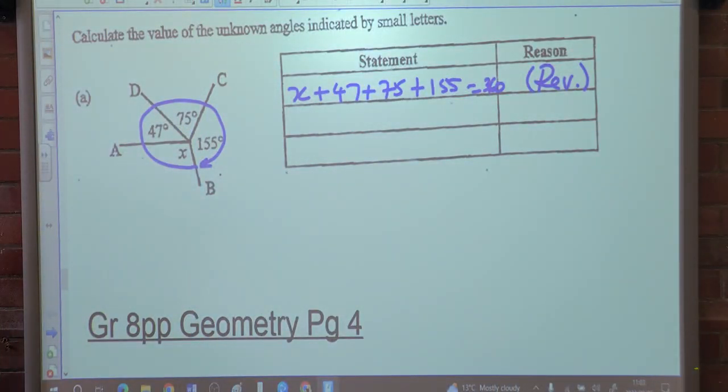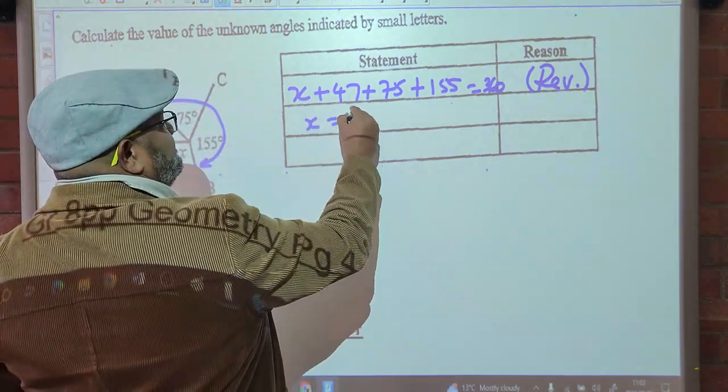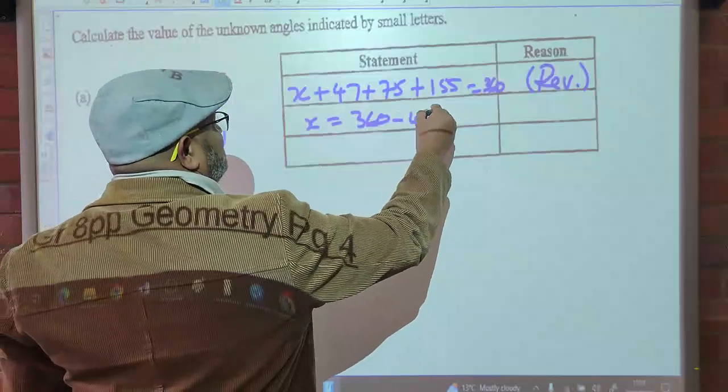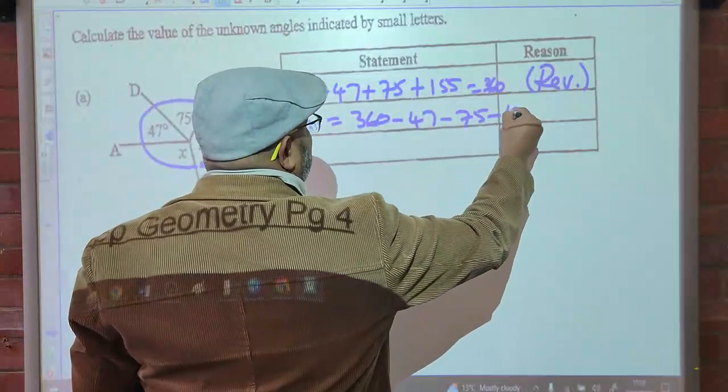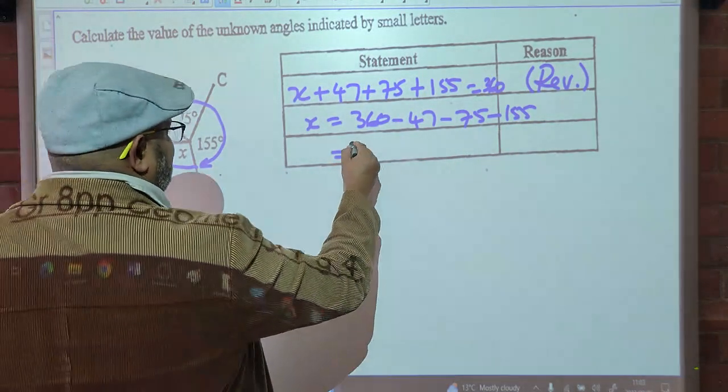Nice. This is something small. Alright. So let's go. x is equal to 360 minus 47 minus 75 minus 155. Give an answer of 83.